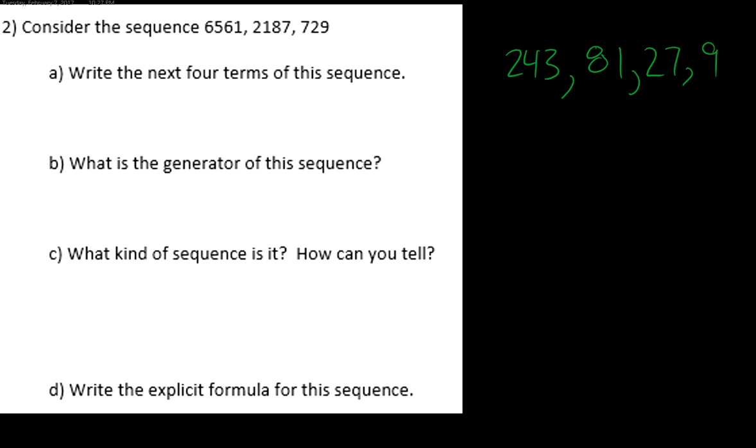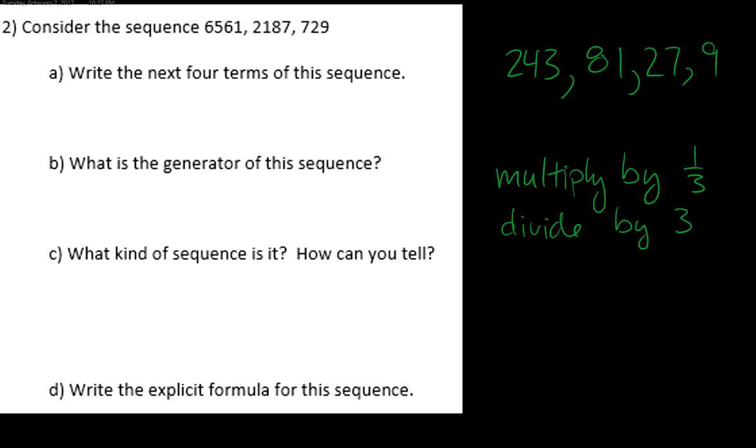I'm going to be real specific: I'm going to multiply by 1/3. Conversely, it would be fine if you said divide by 3, but it's much cleaner, and the preference should be that we're stating these in terms of multiplication. So get in the habit of thinking this. We're multiplying by 1/3 each time.